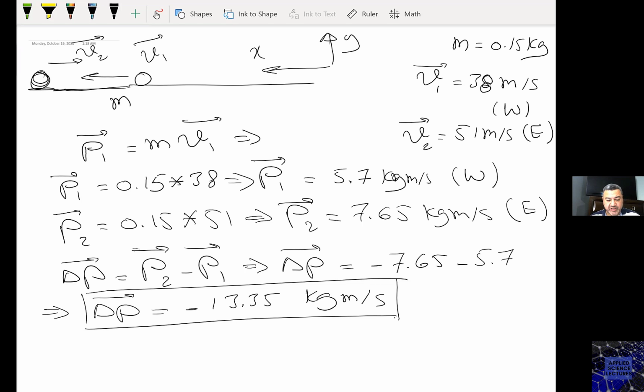So this is the change in the momentum. And as you can see here, based on the positive direction toward the west, I got delta P to be negative, which means I can say delta P is 13.35 kilogram meter per second east.